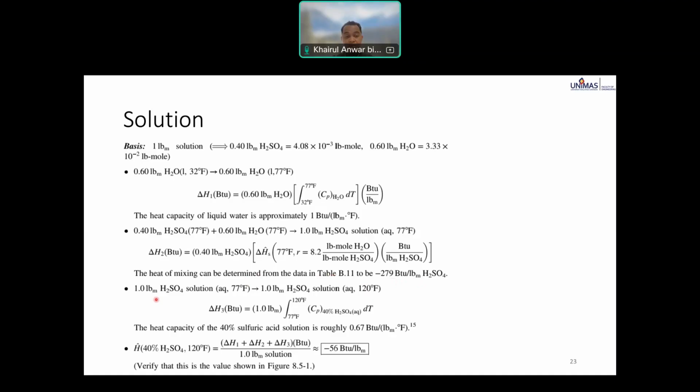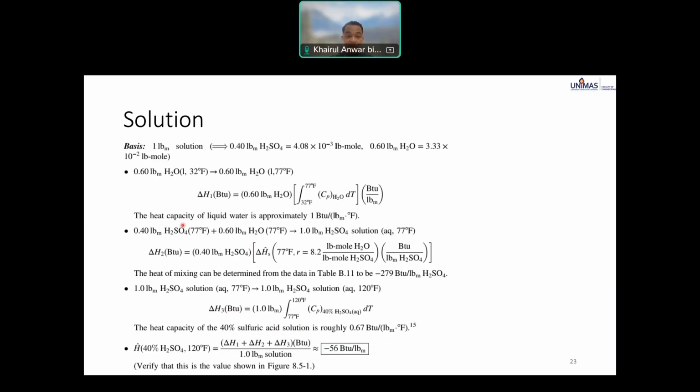Then for 1 pound mole H2SO4 solution at 77 degrees Fahrenheit to 1 pound mole H2SO4 solution at 120 degrees Fahrenheit, this we consider delta H3. The heat capacity of a 40% sulfuric acid solution is roughly 0.67 BTU per pound mole degree Fahrenheit.